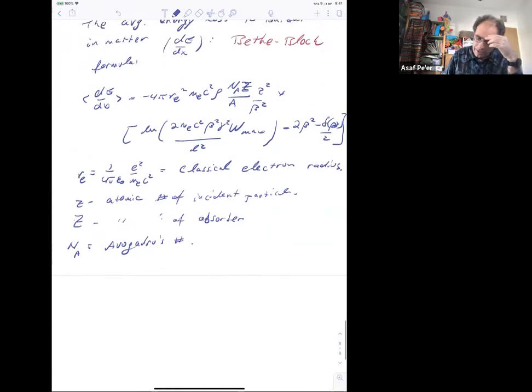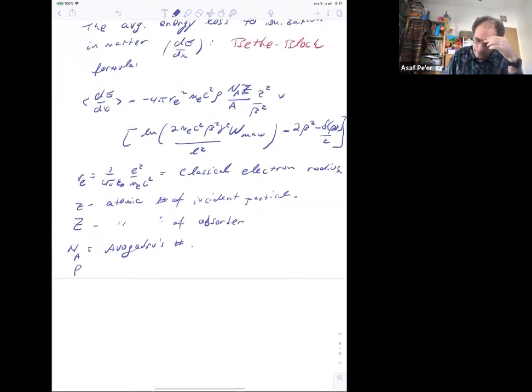Rho is the mass density of the absorber. A is the atomic mass of the absorber.